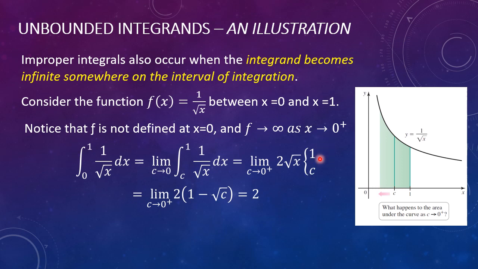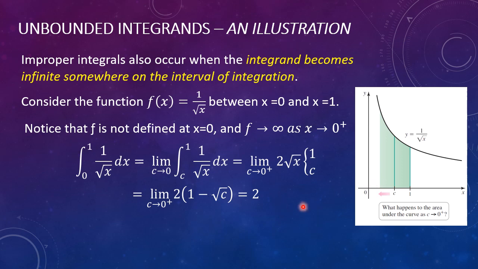Well, when we plug in these values, we get 2 times the square root of 1 minus 2 times the square root of c, or simply 2 times the quantity of 1 minus the square root of c. If we plug in 0 for c, then of course this term disappears, and we get just 2.